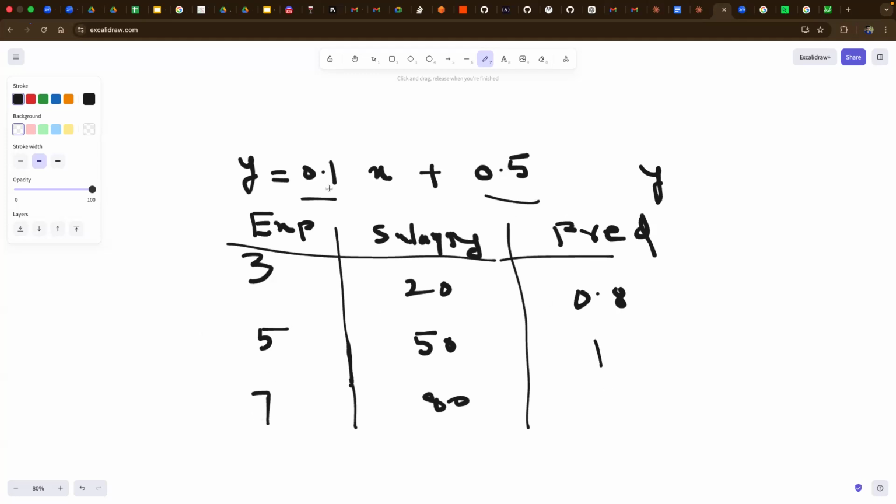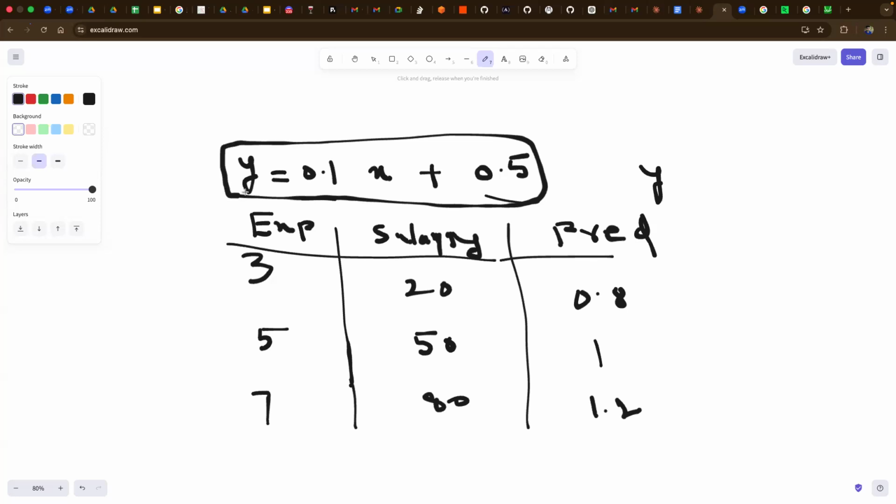If you substitute 7, 0.7 plus 0.5, so it is 1.2 that you will get. This is what our model is predicting if you substitute values. So there is a huge difference between our prediction and the actual value. This is the prediction and this is the actual value, the correct value or the ground truth value.